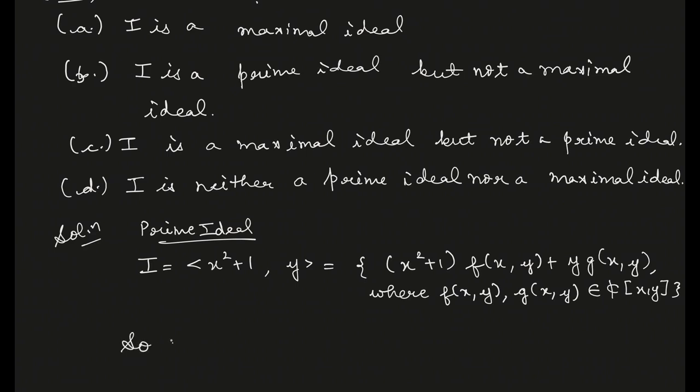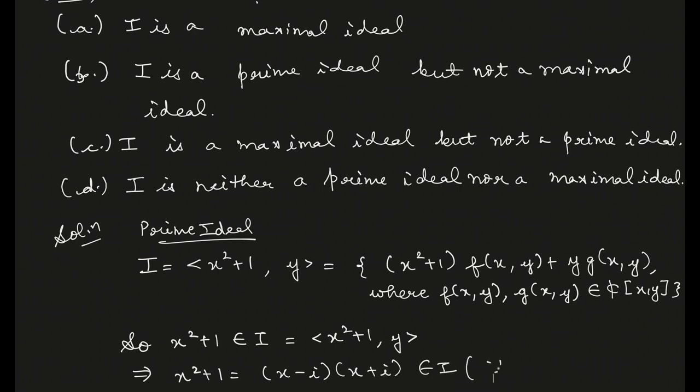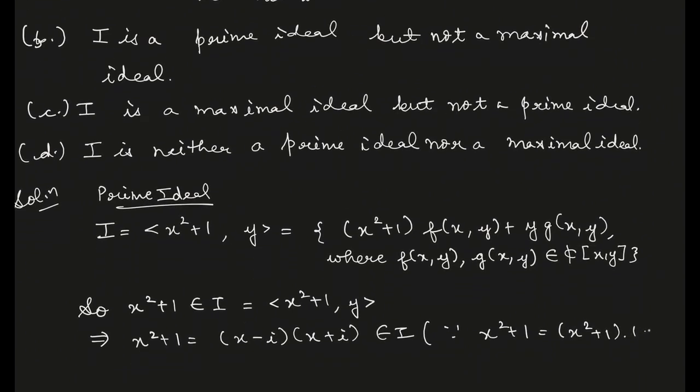So we see that x square plus 1 belongs to I. Okay, it will not be maximal, it could be prime. Let's check here, I am checking just prime. And I is equal to the ideal x square plus 1 comma y. So this means that x square plus 1 can be written as x minus iota into x plus iota. This belongs to I because I can write x square plus 1 as x square plus 1 into 1 plus y into 0 in this form.